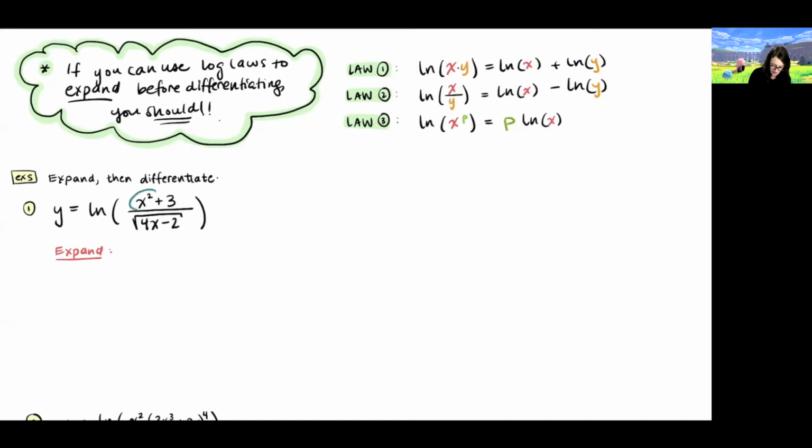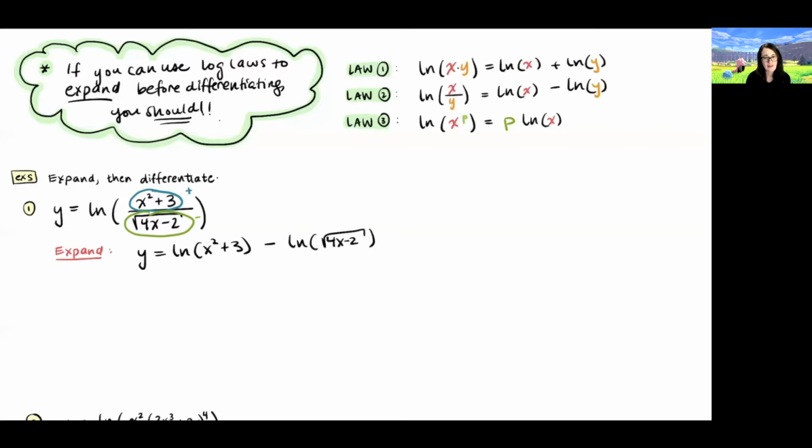Up top we have just one factor, and down bottom we have just one factor. So we can split this up into two natural logs, because we've got two things total, and the top will have a plus in front and the bottom will have a minus in front. So this will be y equals the natural log of x squared plus 3 minus the natural log of the square root of 4x minus 2.